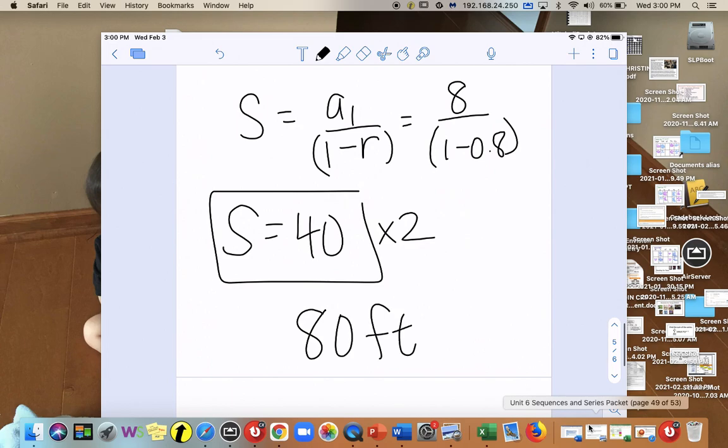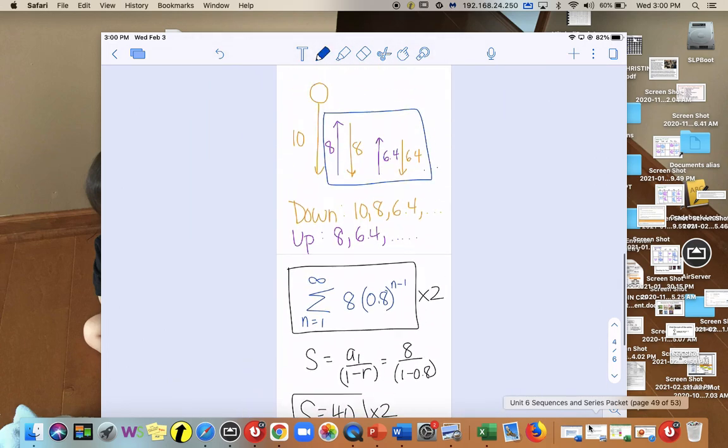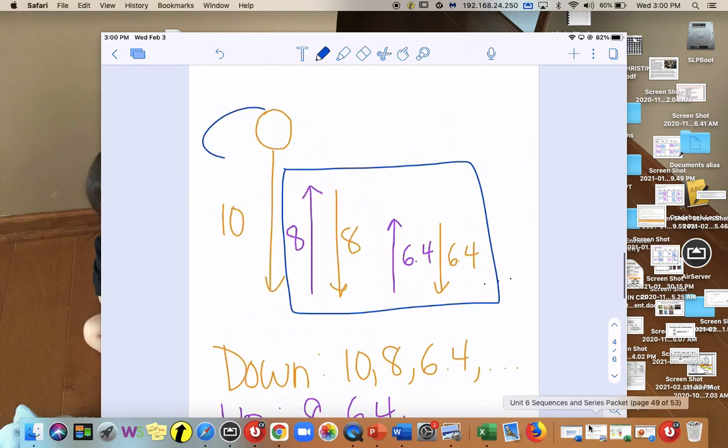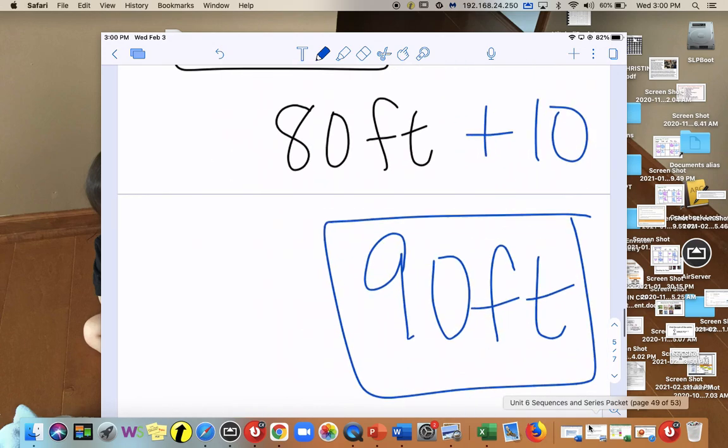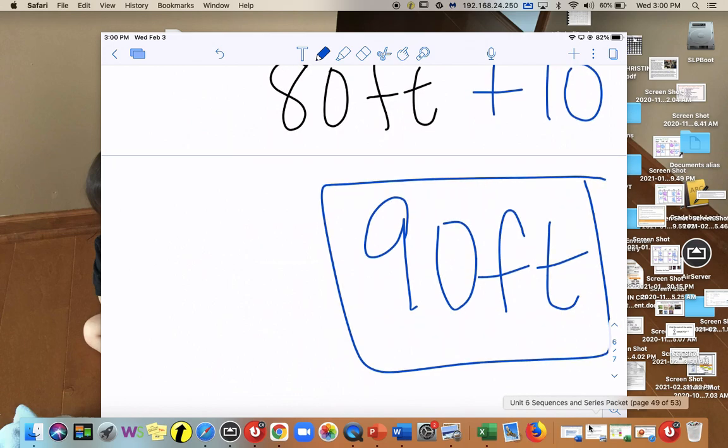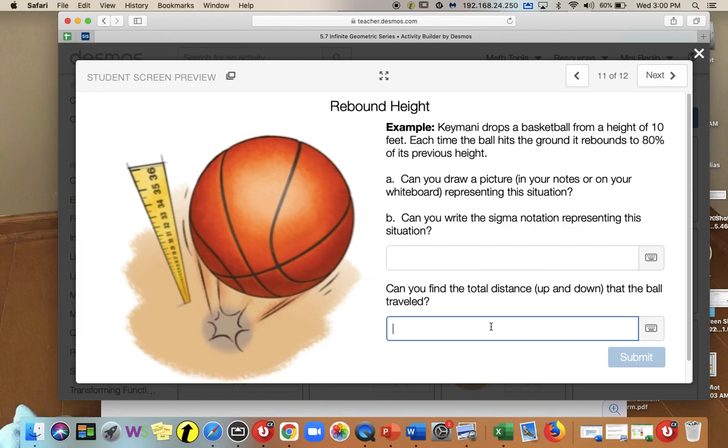But then remember, we need to add this initial 10 feet that it dropped. So we're going to take our 80 feet plus 10, and really, if you drop that ball from 10 feet and it rebounds up to 80% of its height each time, it'll travel a total distance of 90 feet before it comes to a complete stop. So this will be 90 feet.